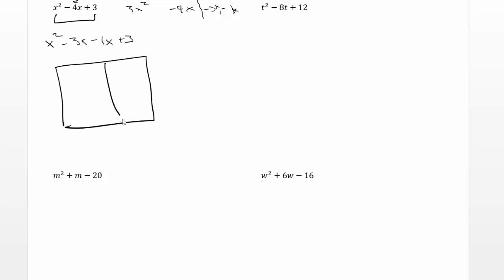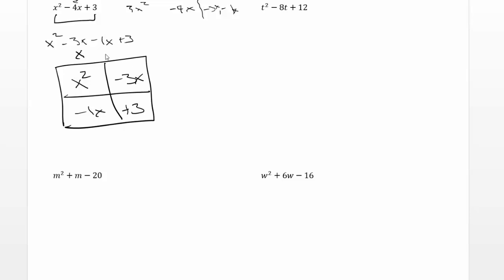If I use a box, I will put the x squared here, the constant term down here, and then these two terms somewhere inside. I'm going to try to find what's in common in one of these columns or rows. I like this left column here. I see an x squared and an x, so I think that an x is in common.